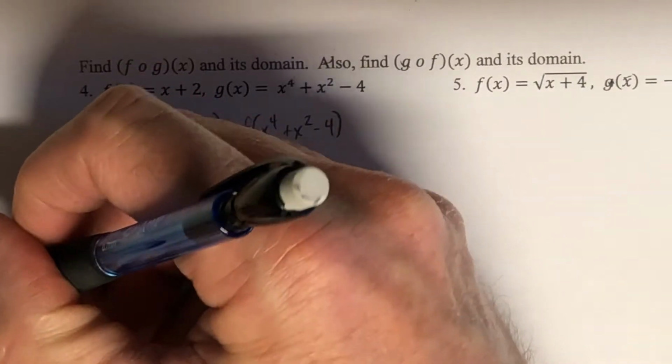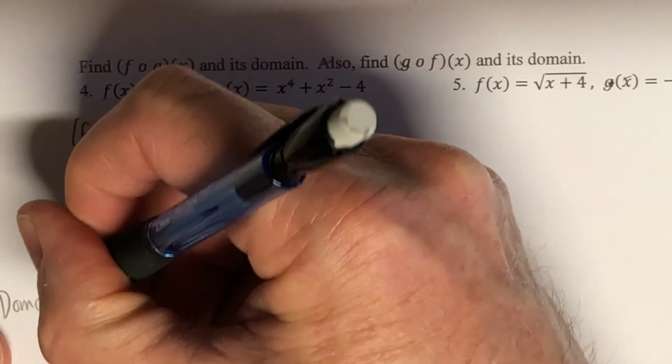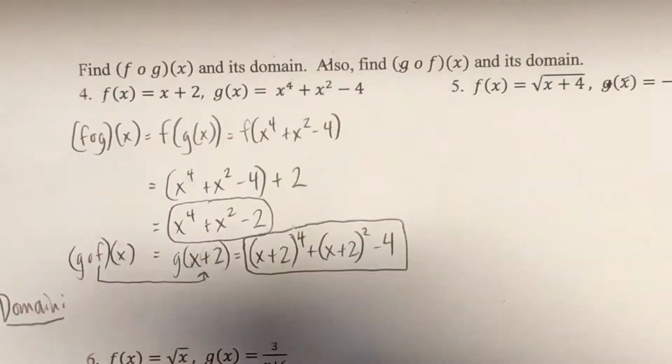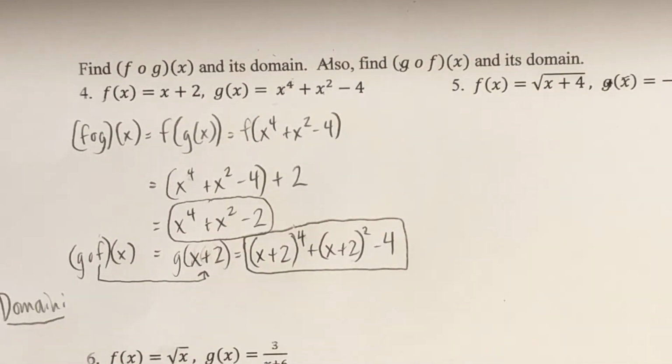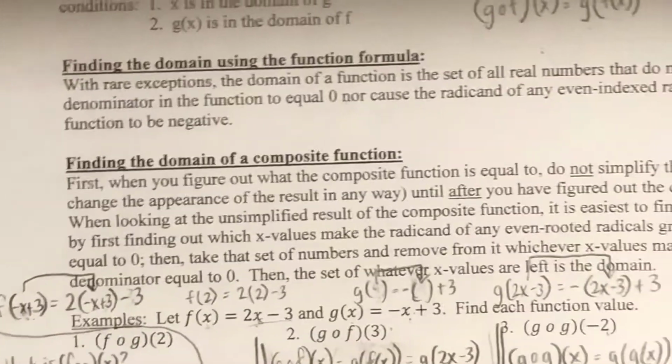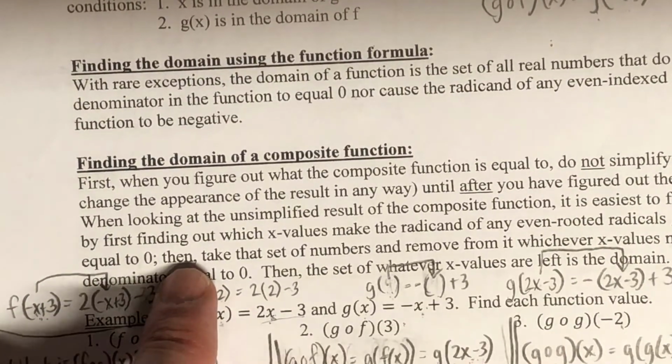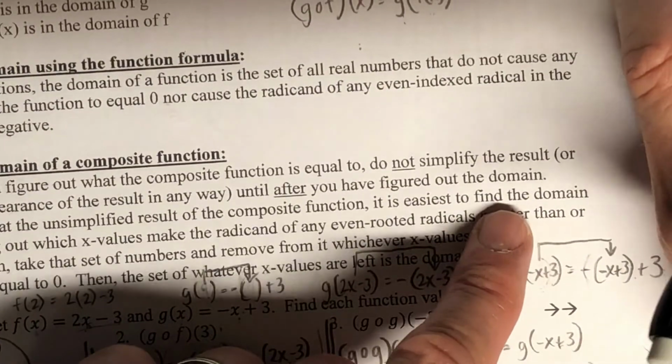But what is the domain all about, you guys? The domain, as we learned in a previous discussion on domain, and I'll go down here and remind you, this is from the front side of our current worksheet.